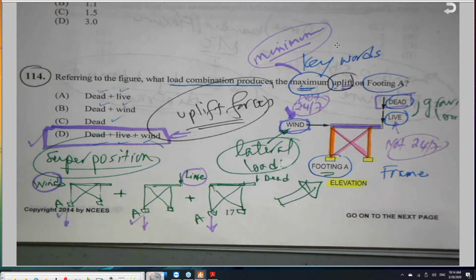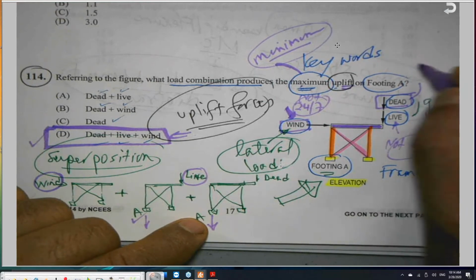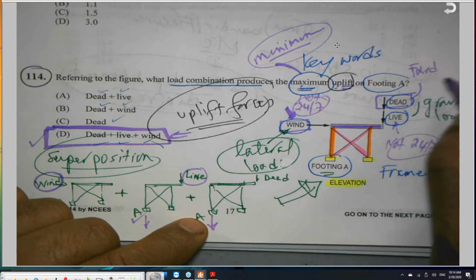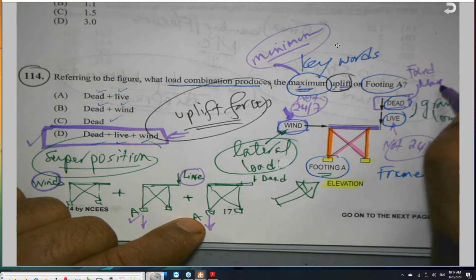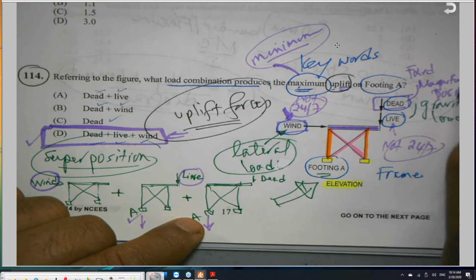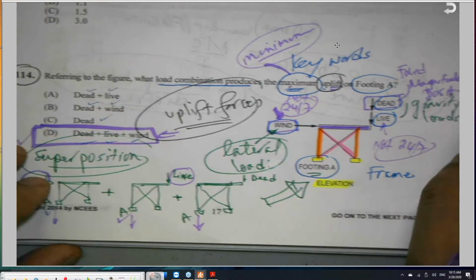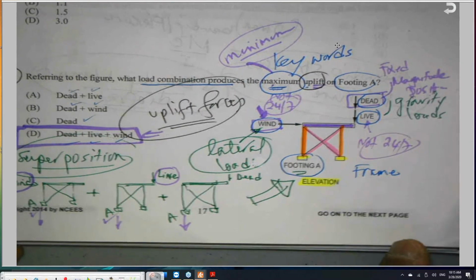Dead load, a load by definition that is fixed or constant in magnitude and location. Fixed, okay, magnitude and position. Because it's dead, my friend, it is not moving. So the dead load is always over there.